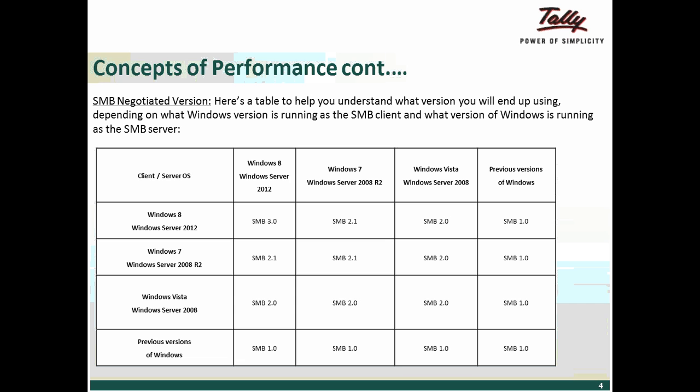Let us come to the second option. If you have the Windows 7 and Windows Server 2008 R2 combination, you will have SMB 2.1. Again, the same case, 2.1. So this table will help you at the micro level, basically, to see how it works.